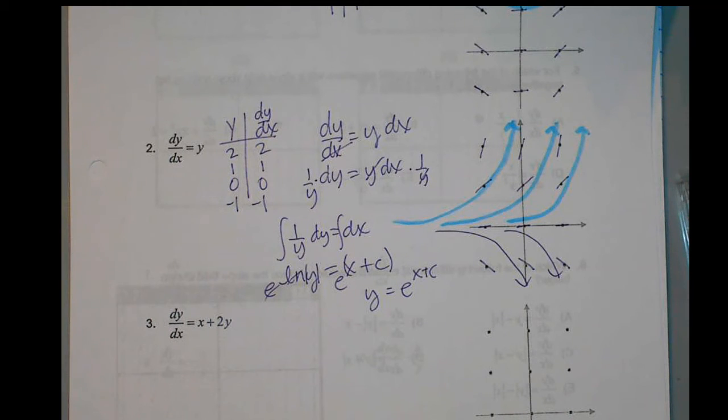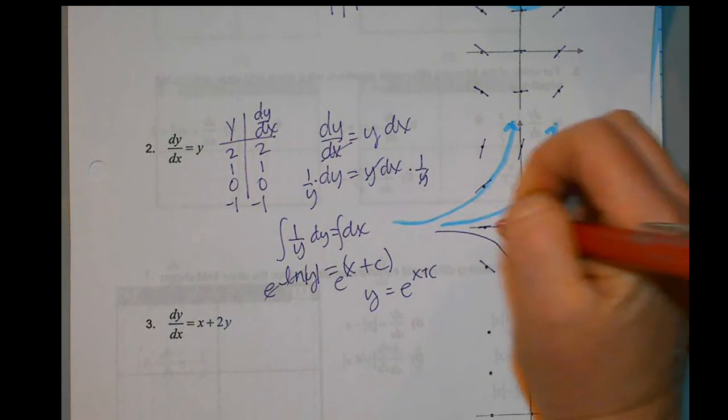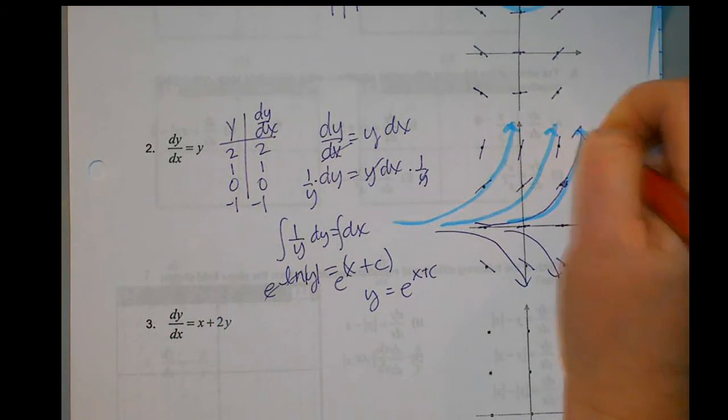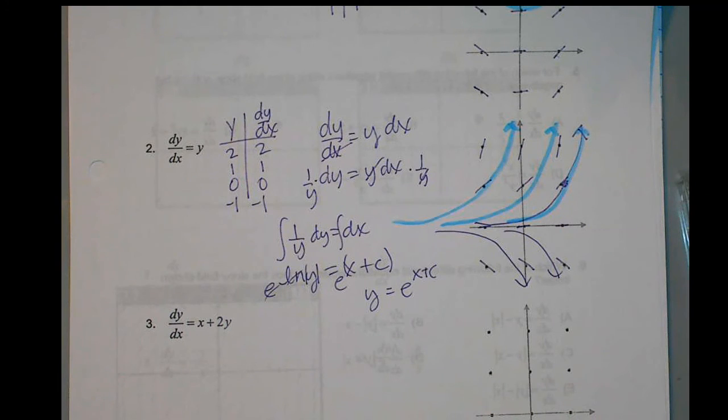And if you're trying to find a particular solution, if they said the solution that goes through 1, 1, you'd say, well, it's closest to this one, and it looks like this. That's kind of how you would solve it as far as the picture goes. But basically, they just want to know, can you draw tiny slopes that represent an implicit derivative?